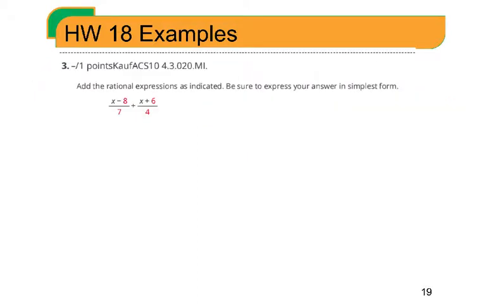Now, here we do not have a common denominator. What would the least common multiple of 7 and 4 be? Well, in this case, it's just going to be the product, 28. How do I know that?